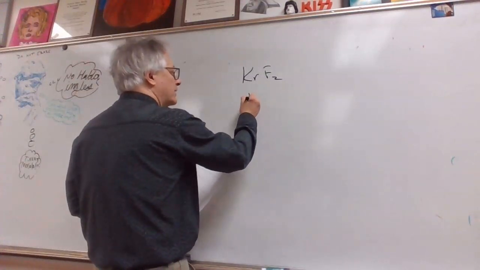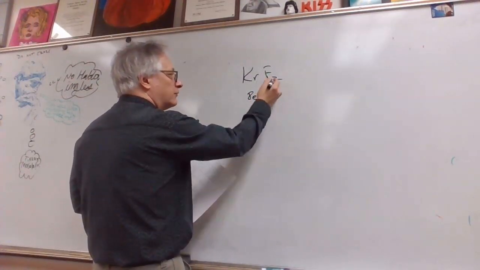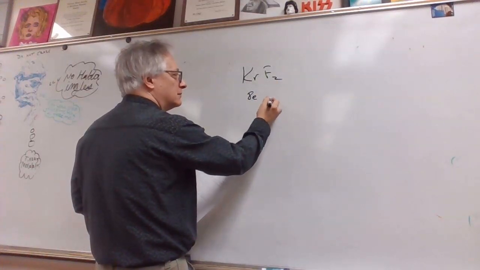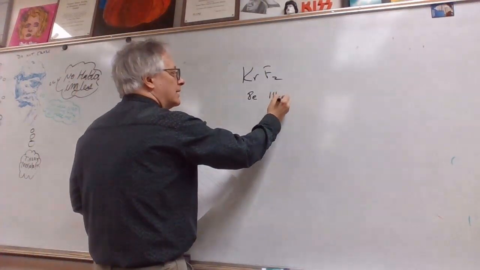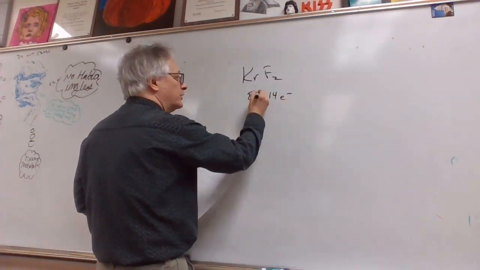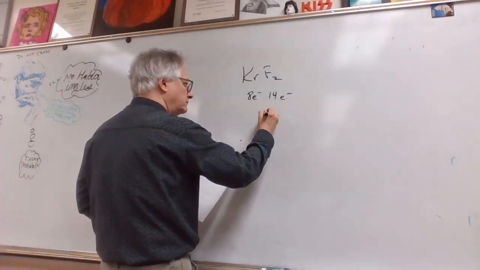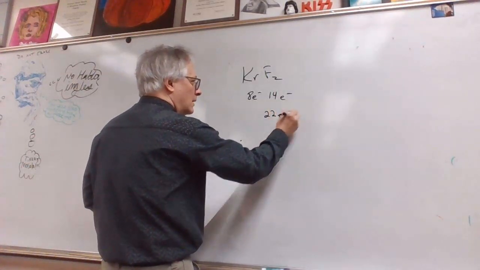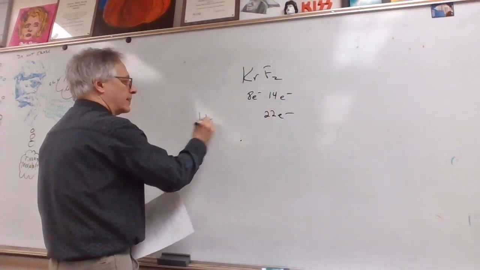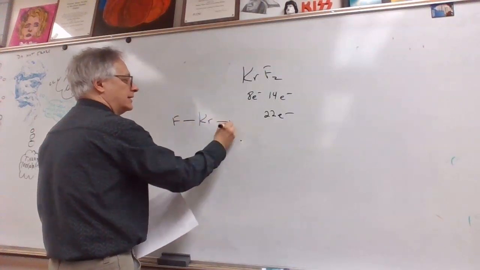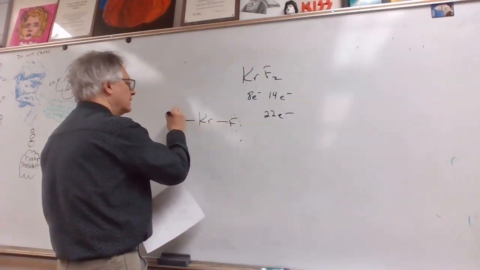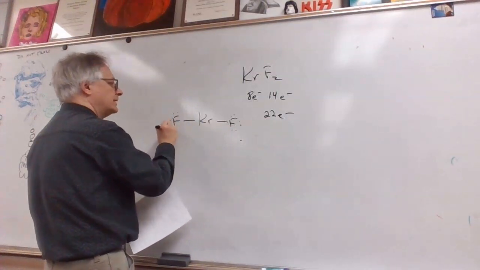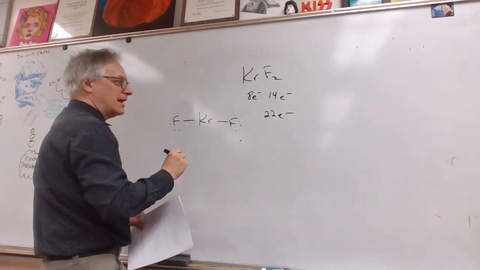Krypton has 8 electrons, and fluorine is going to have 7, but I have 2 of them, so that's 14 electrons. So I've got 22 electrons all total. Krypton in the center, fluorine on the ends, 2, 4, 6, 8, 10, 12, 14, 16.